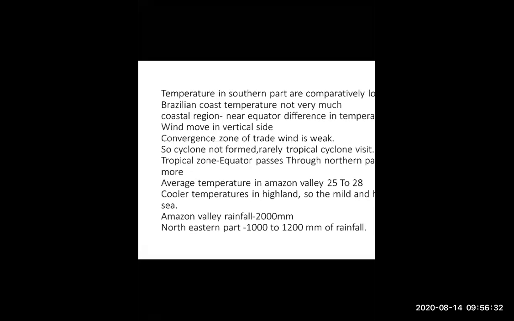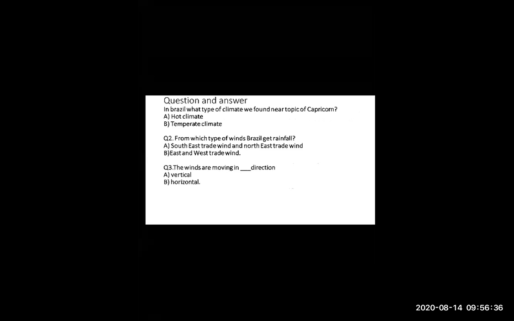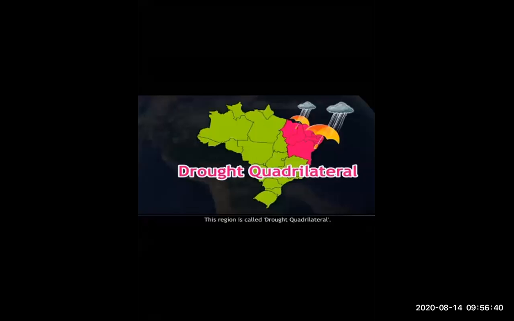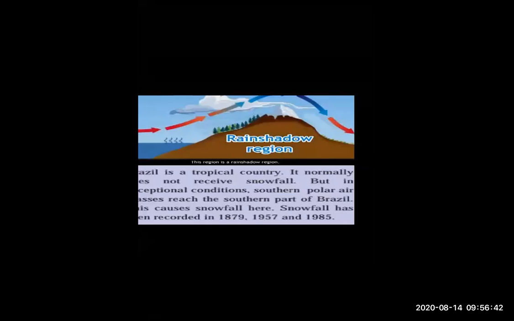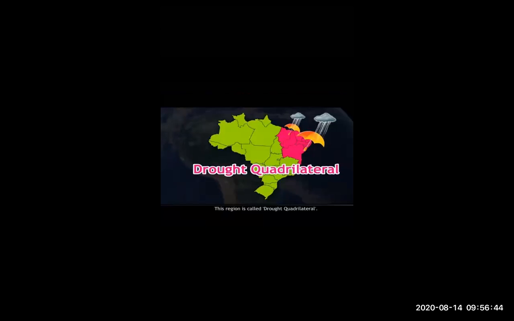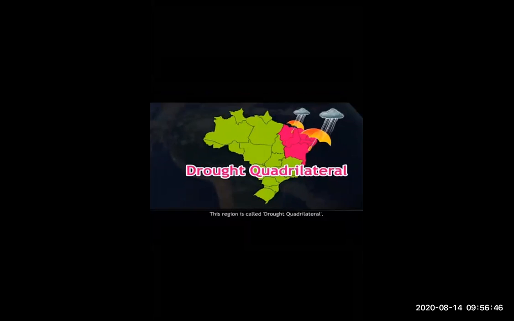Just look at this, students. Okay. For example, we are taking an example of this. This is the Brazil map. So this is Brazil on the southern part.